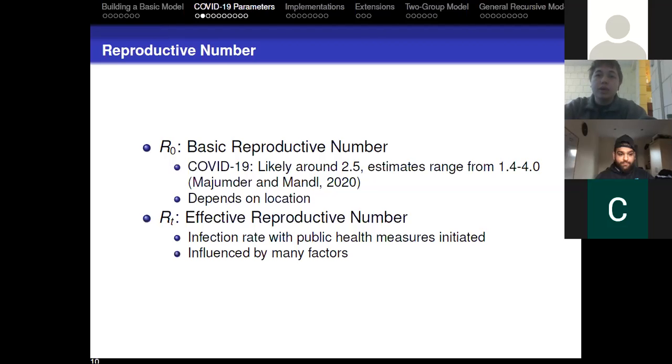If we want to look at a more accurate number to determine the spread of the disease, we can look at RT, the effective reproductive number, which is the infection rate with public health measures initiated, and that of course is influenced by many factors.